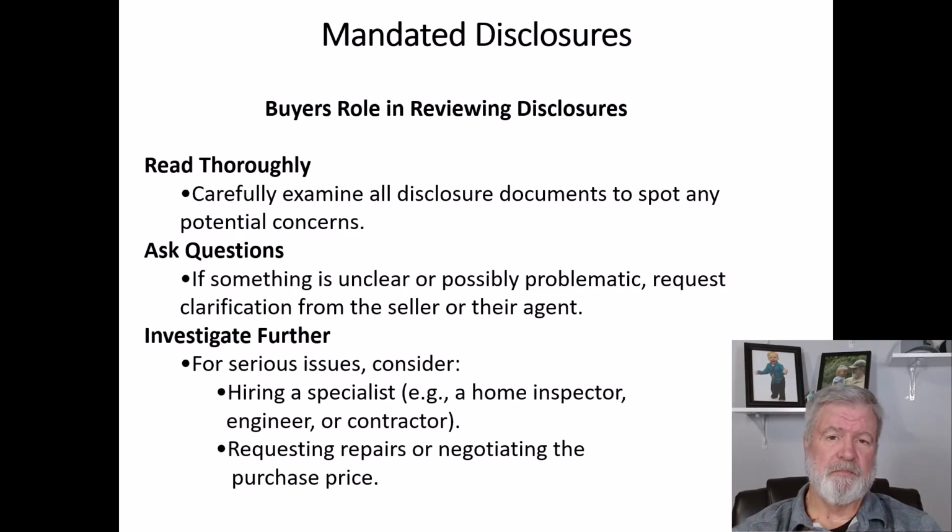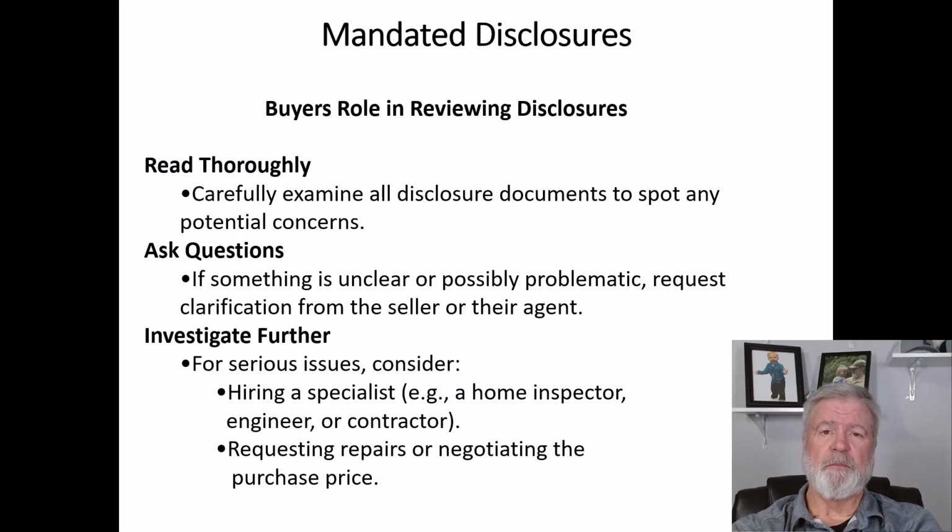The contract lays out a lot of different documents that buyers need to be reviewing, and make sure it meets their requirements. Make sure they're okay with the content of these documents. Now, the problem is most buyers don't know what a lot of these things are, much less where to get them, how to obtain them.